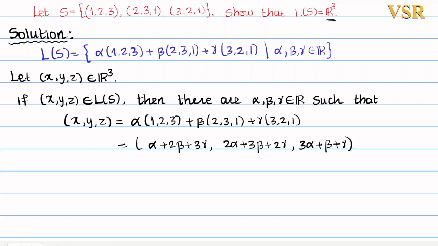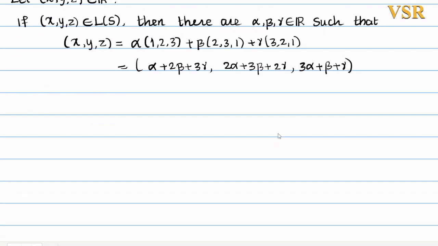So we end up with a system of linear equations: alpha plus 2 beta plus 3 gamma equals x; 2 alpha plus 3 beta plus gamma equals y; and 3 alpha plus beta plus gamma equals z.